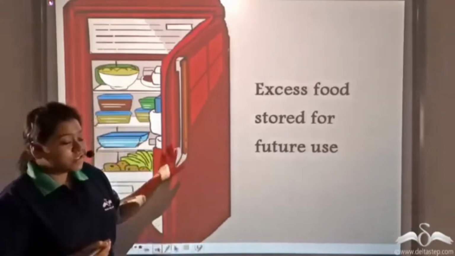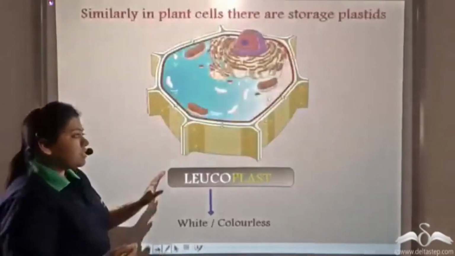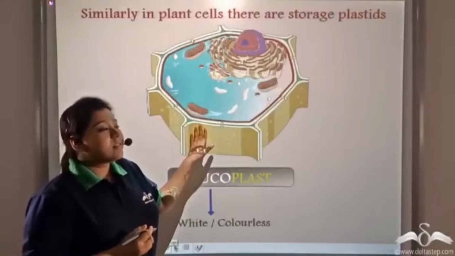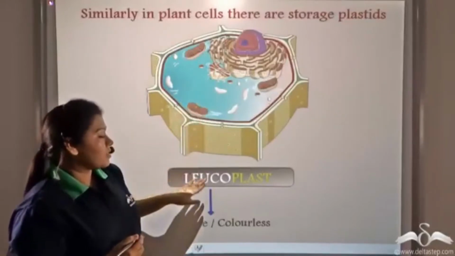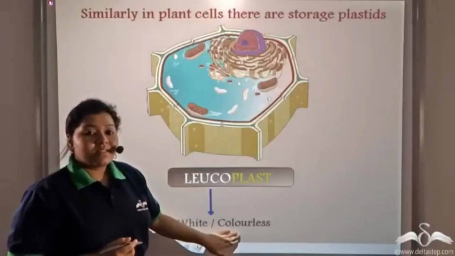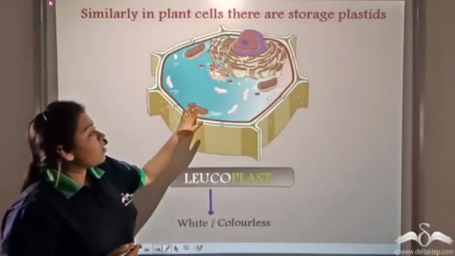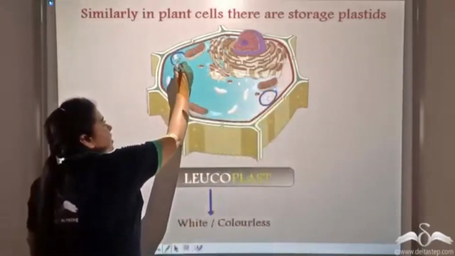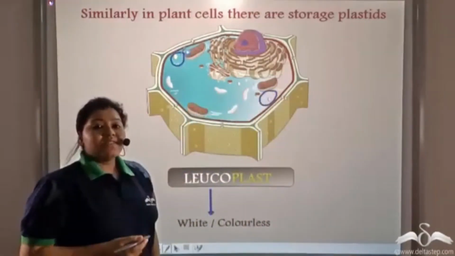Now, the extra food that is present in the plant gets stored in organelles known as the leukoplasts. Leuko means white or colorless. So, leukoplasts are organelles present in the plant cells that store these excess food.